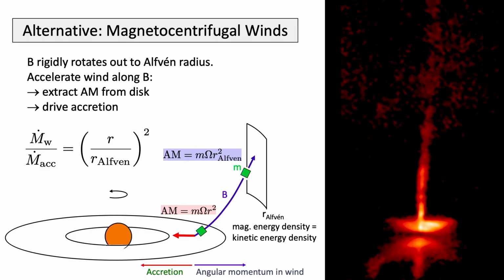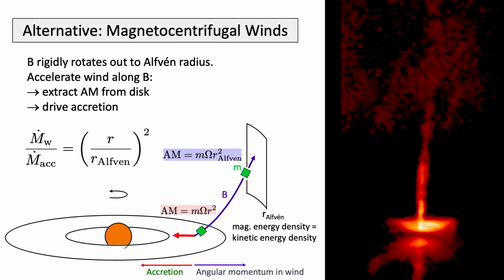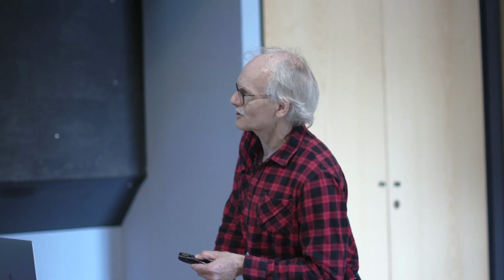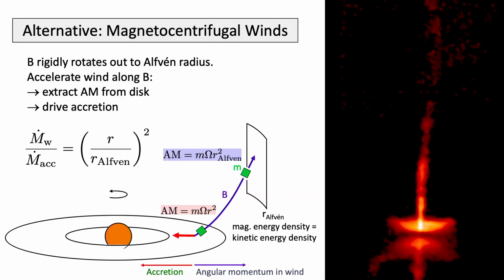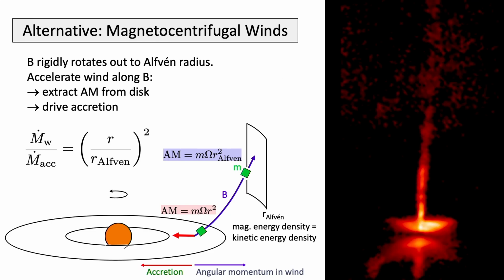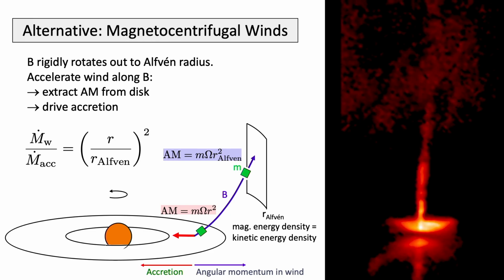Because this radius here is larger than this, and you even have to take the square, we have a lot more angular momentum out there in this mass element. But it has to get the angular momentum from somewhere, because angular momentum is conserved. So where did it get it from? Well, it got it from the next ring of mass here at the point where the magnetic field is attached. It removes it from there, takes it with it through the magnetic field line, and then eventually moves away, gets lost. So you extract angular momentum by this process from the disk.